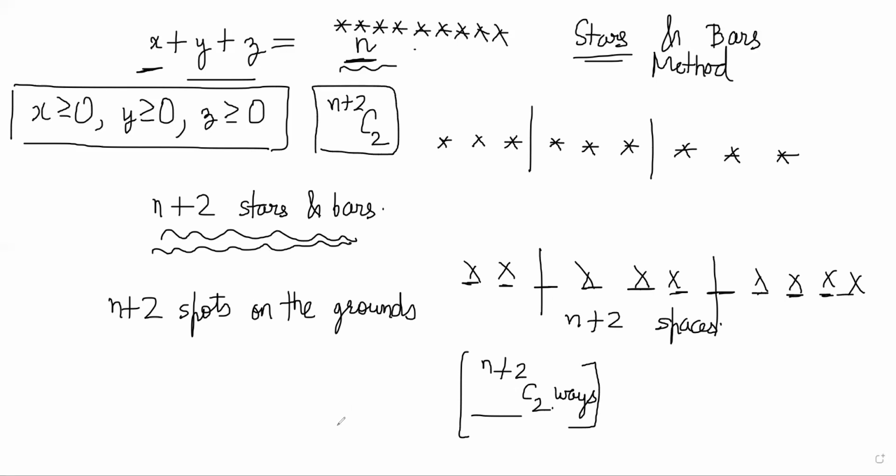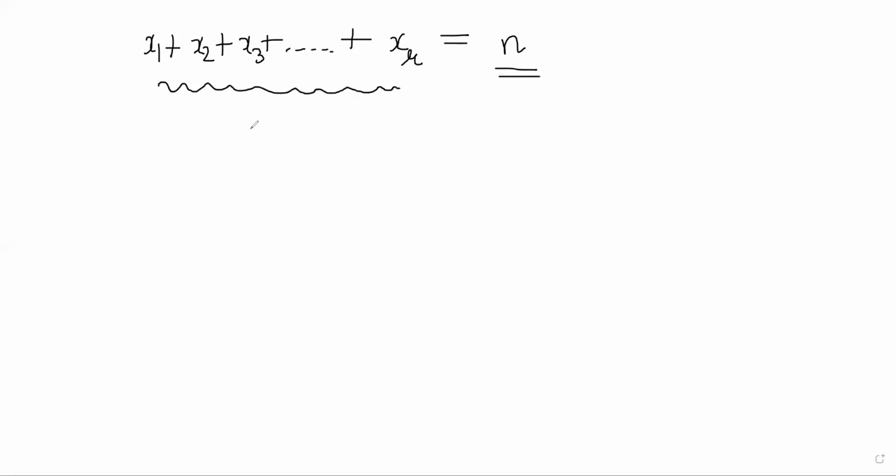In general, if I had x1 plus x2 plus x3 plus so on, so many variables xr, equal to n, I have to solve this equation where each variable is non-negative. Then I would say that there are n stars and how many bars are needed? R minus 1 bars. So total number of things are n plus r minus 1.